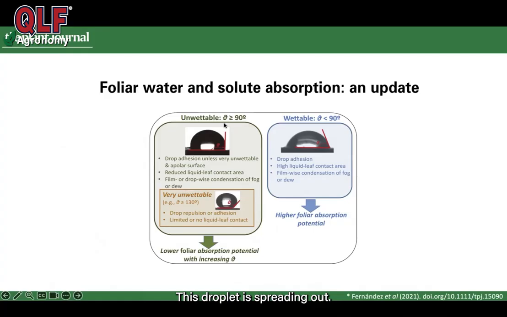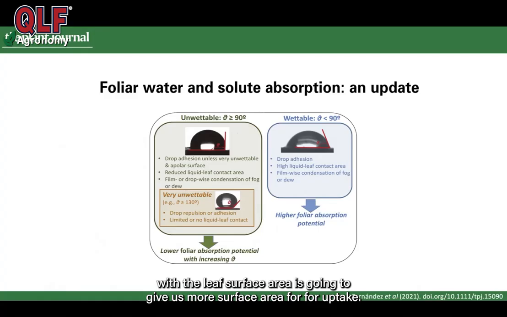This droplet is spreading out, and we have a very different angle, which is impacting its surface area underneath for uptake. So again, higher surface area, more contact with the leaf surface is going to give us more surface area for uptake, and that's going to improve foliar nutrition performance, of course.